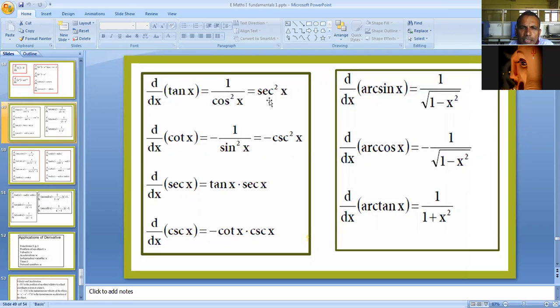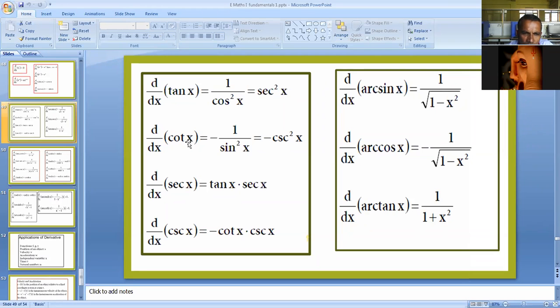Derivative of tan x. It is nothing but sec square x. d by dx of cot x is minus cosec square x. In derivative, you should keep in mind, in function if the first letter is c, it means that their derivative will be negative. Always you should keep in mind this simple technique for their results.